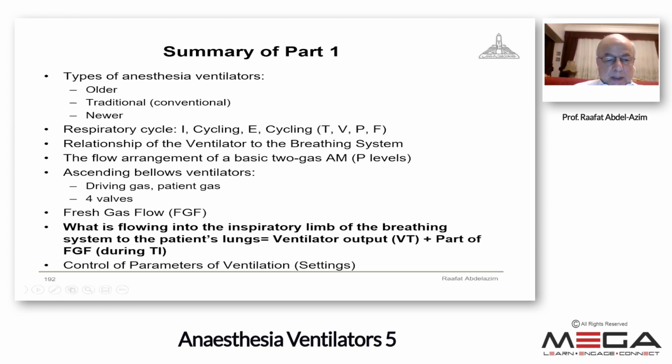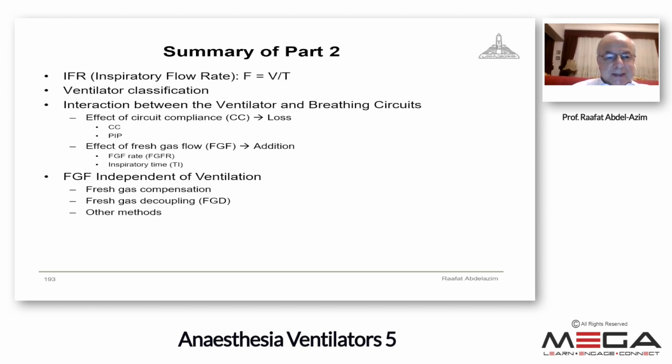And we know now that what is flowing into the inspiratory limb has 2 components: what is coming from the ventilator and part of the fresh gas that is delivered during inspiratory time only. And we know how to control the parameters of ventilation, the settings of the ventilator or the preset values.